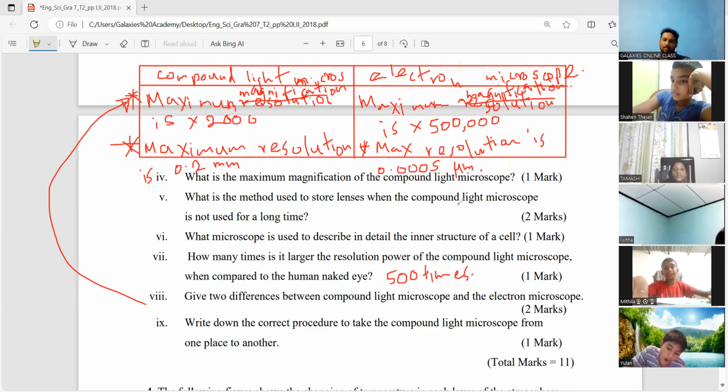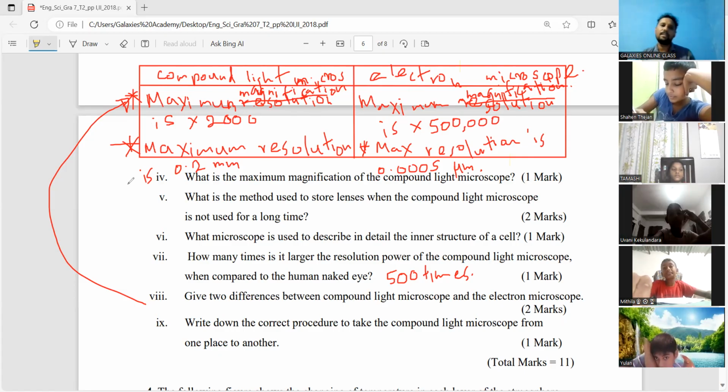Excuse me, sir. For the compound light microscope, it is not micrometer. Maximum magnification is 2000 times. Maximum resolution is 0.2 millimeters.